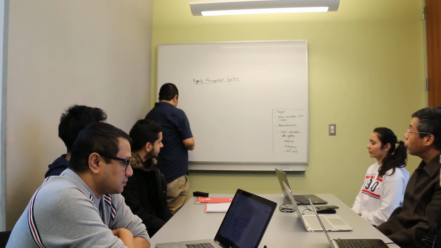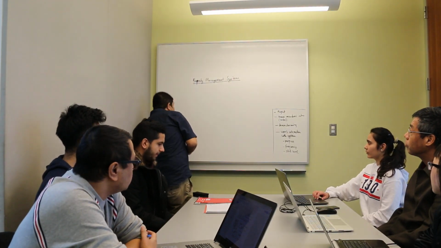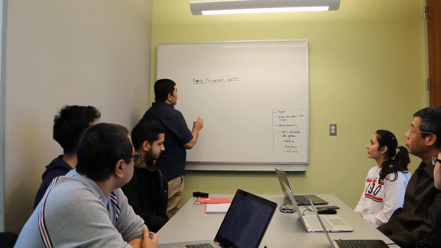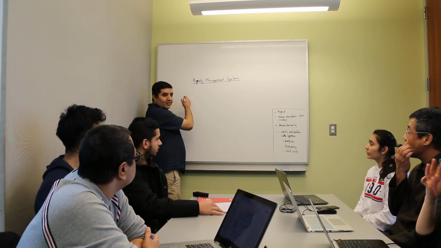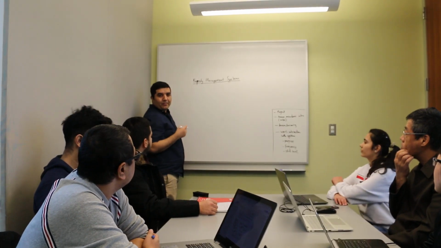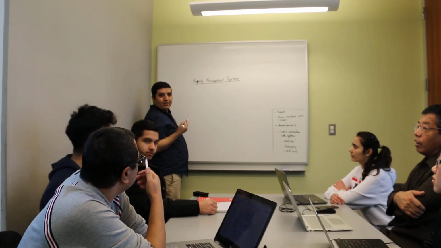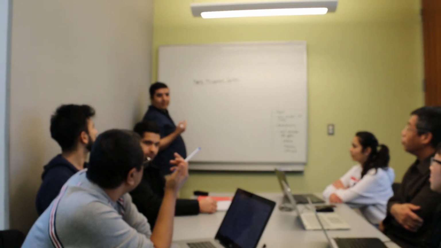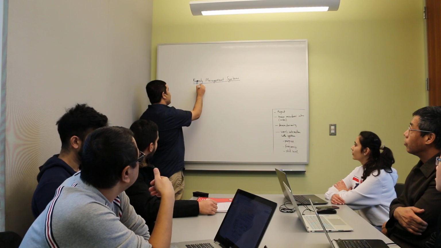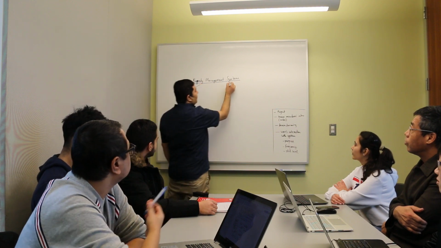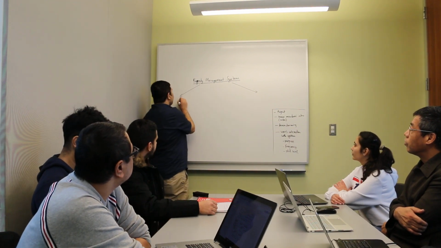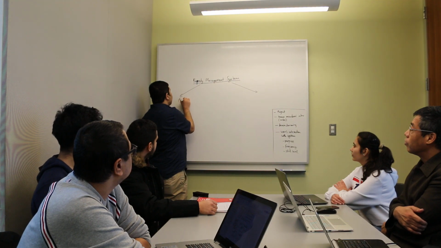Okay, so let's brainstorm the possible users for our system. Who will be interacting with the system? First of all, I think we'll have internal and external. Let me put external here first because they are more important, right?